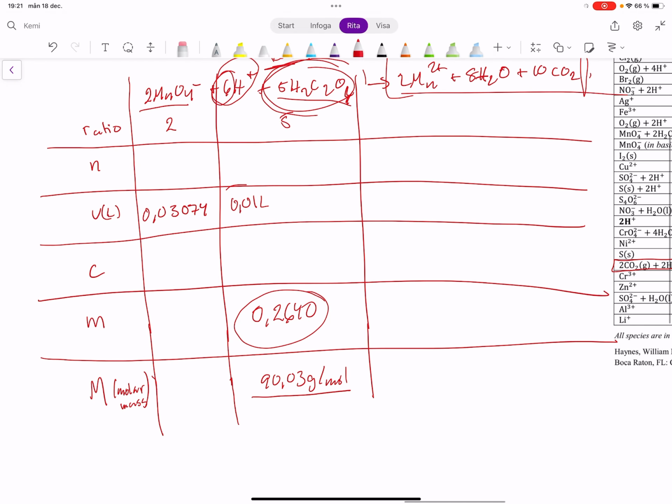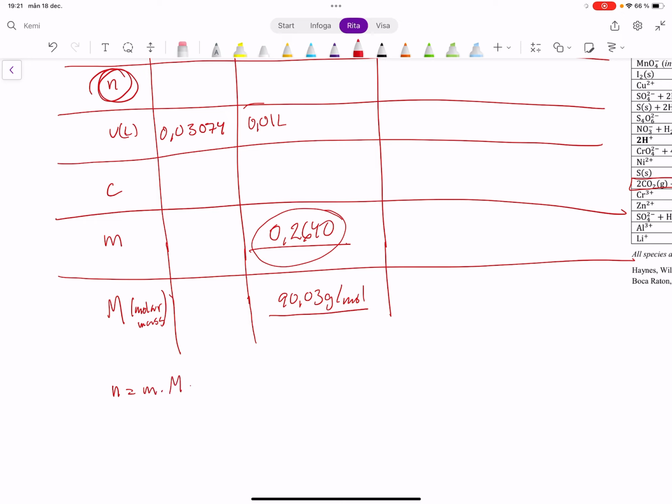So the moles is M times M, so 0.2640 times 90.03, which equals 23.76. No wait. n equals m divided by M, my bad. 0.2640 divided by 90.03.